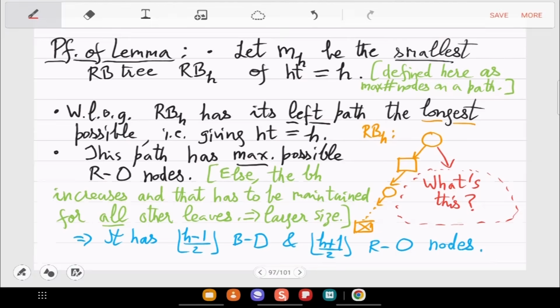Yes. Don't worry about this minus and plus. You just pick something. My notation here is I am just thinking of H nodes on this longest path. What is more important is structurally this right part is complete. It's completely black.